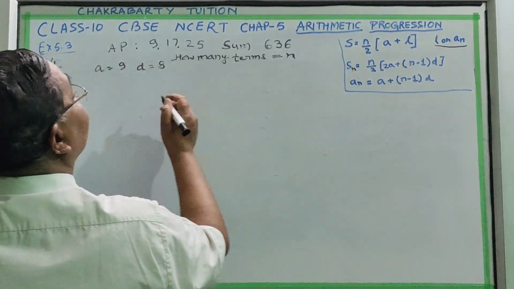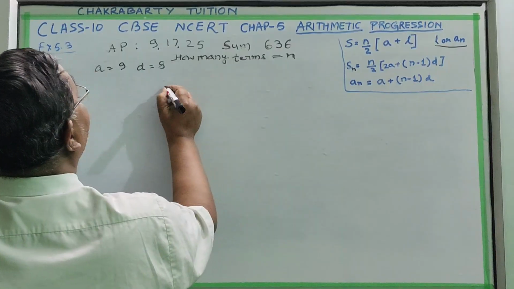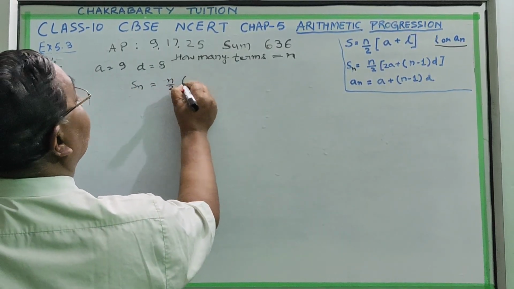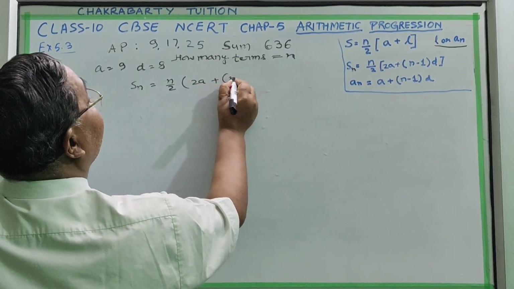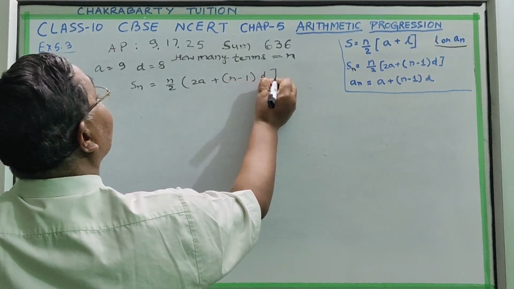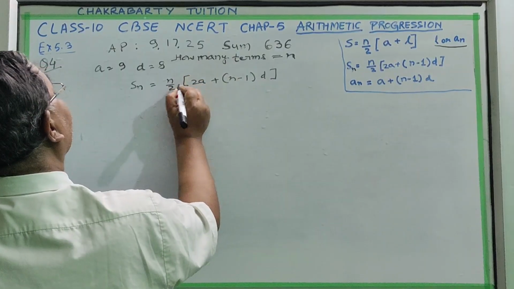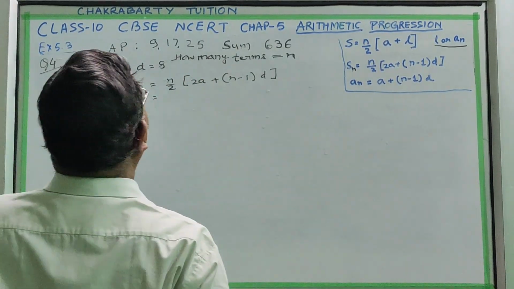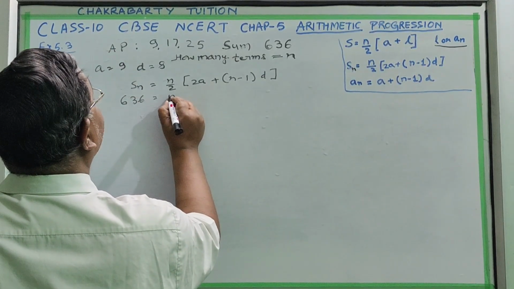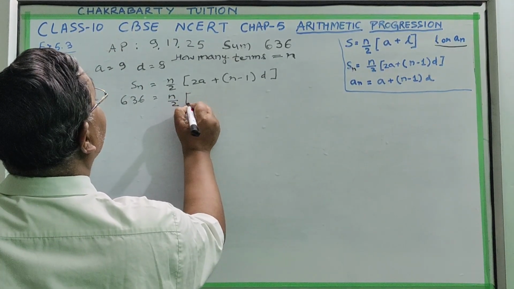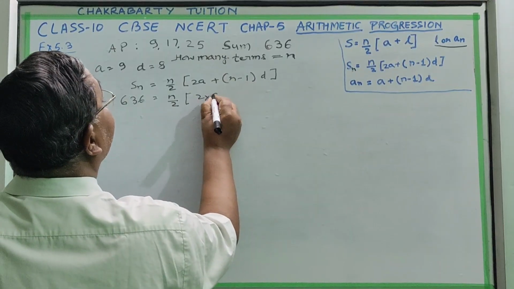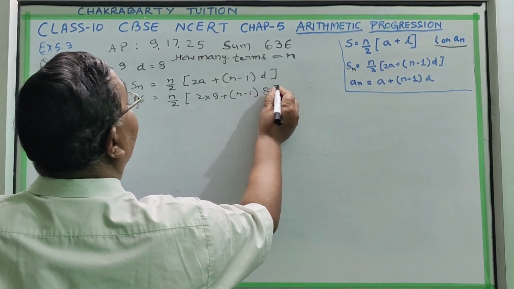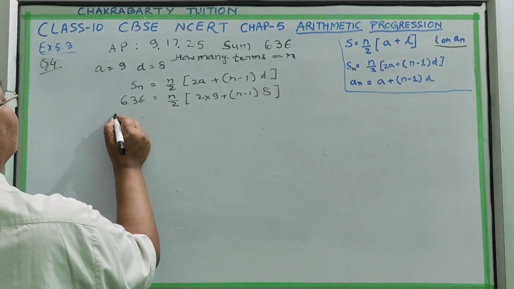We will use the sum formula Sn equal to n upon 2 into 2a plus n minus 1 into d. Sn is given as 636. Now n upon 2 is there, 2a is 9 into 2, plus n minus 1 into d, which is 8. So this 2 we can take to this side.